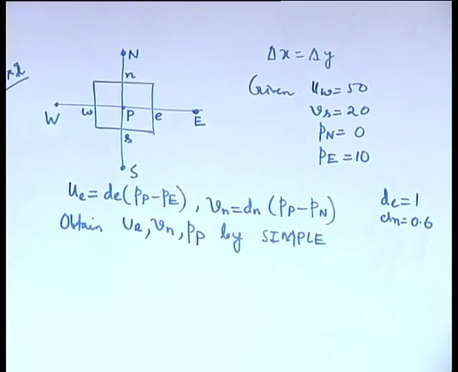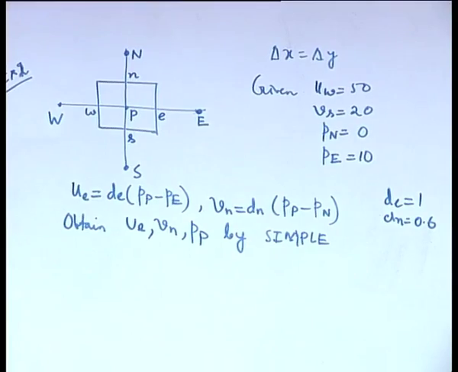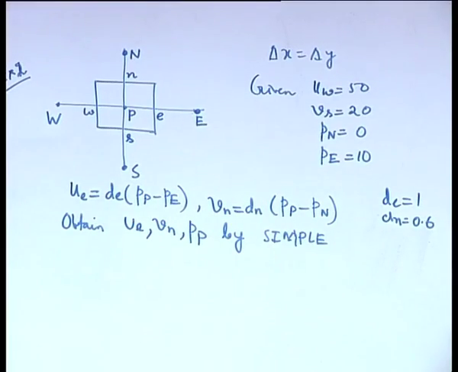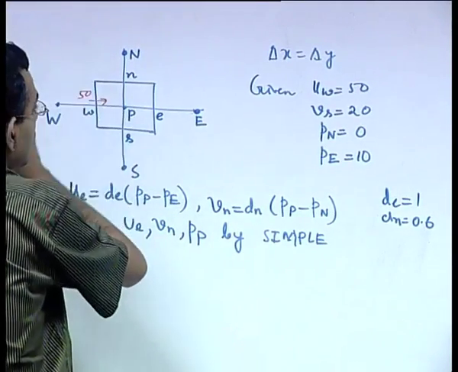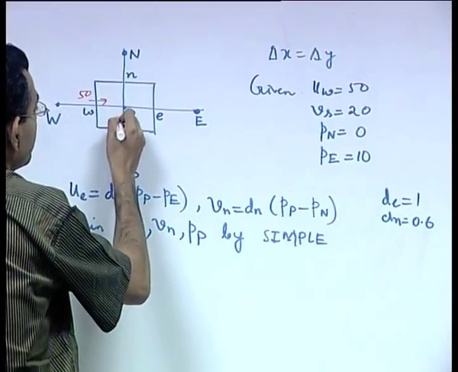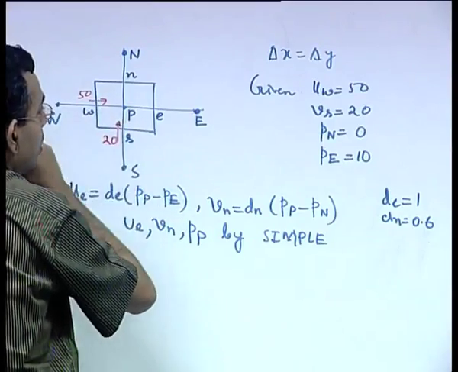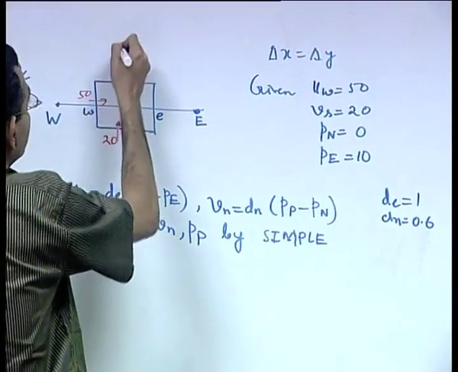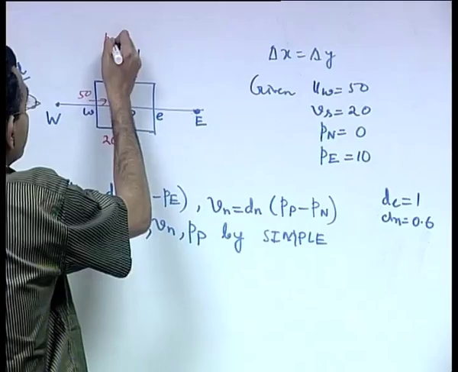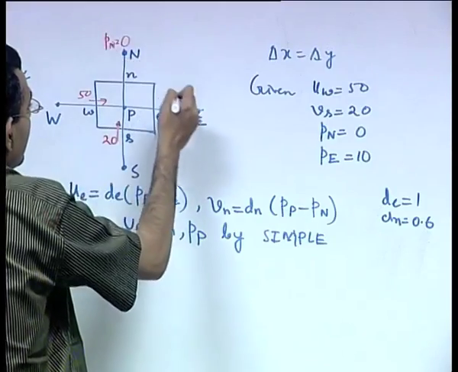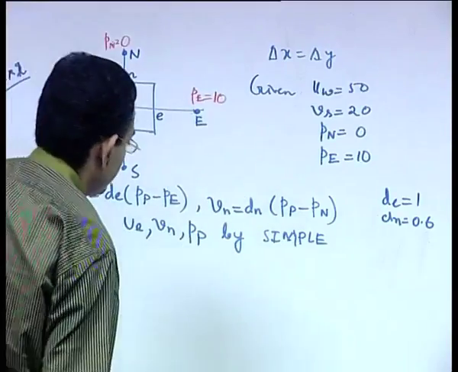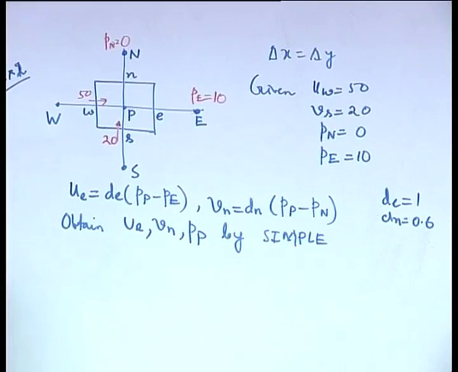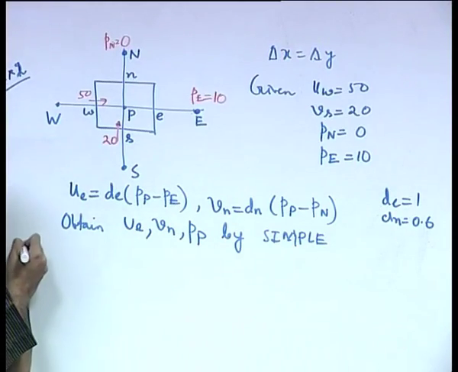So, let us just mark in the figure what are the parameters given: uw equal to 50, Vs equal to 20, Pn equal to 0 and Pe equal to 10. So, what will be your step 1?